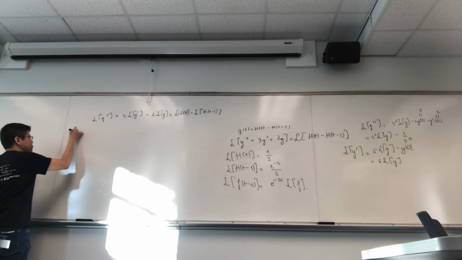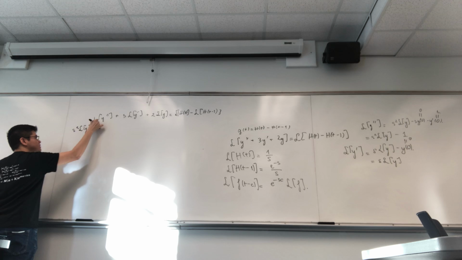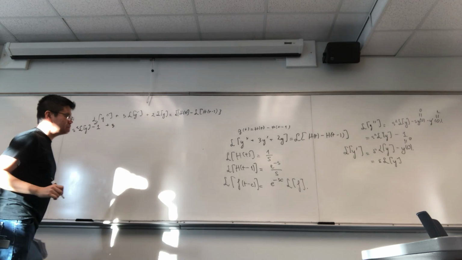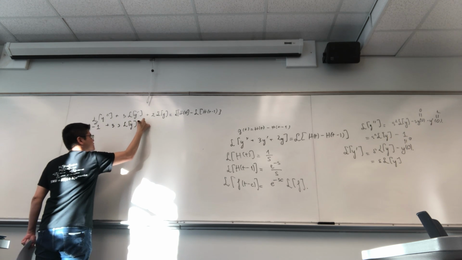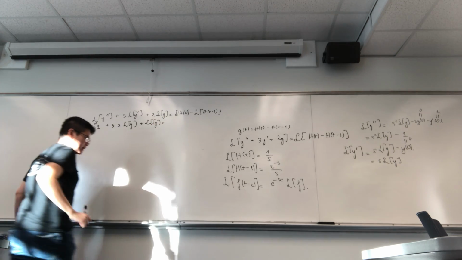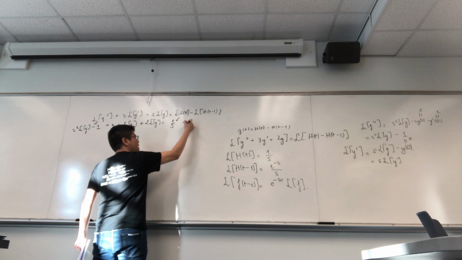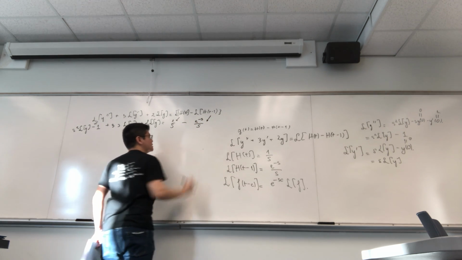So here I have s squared times the Laplace transform of y minus 1, plus 2s times the Laplace transform of y, plus 2 times the Laplace transform of y, equal to 1 over s minus e to the power minus s over s.